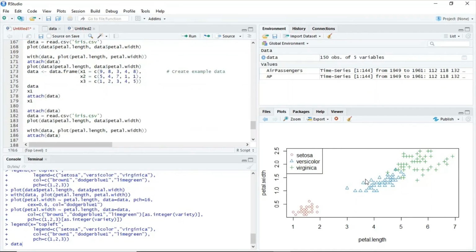So from this scatter plot, it is very clear that the properties of setosa are completely different from the properties of versicolor and virginica. It means if we visualize setosa, we can clearly identify it as a distinct flower from versicolor and virginica.